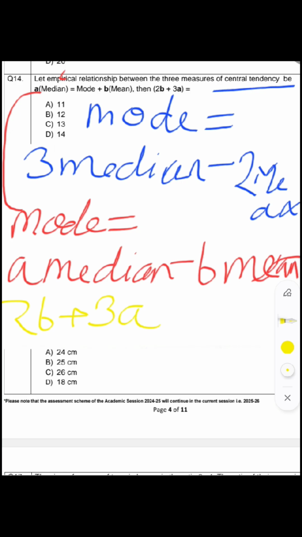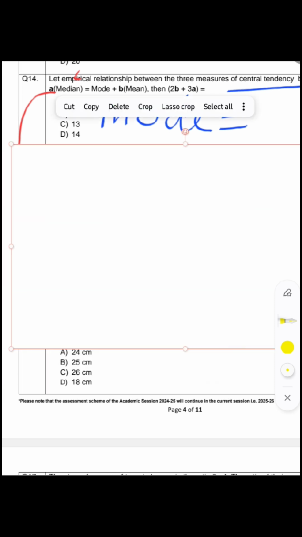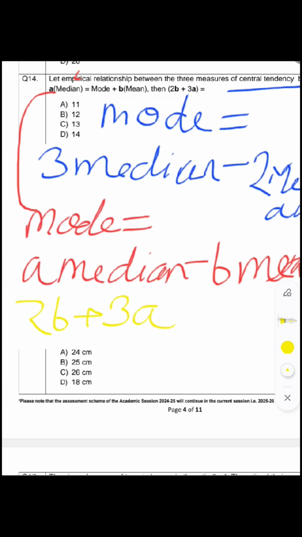The original actual empirical formula is written here in blue color, and what is given in the question is in red. Now if you compare it, a equal to 3, and similarly b equal to 2. So put here in this formula.